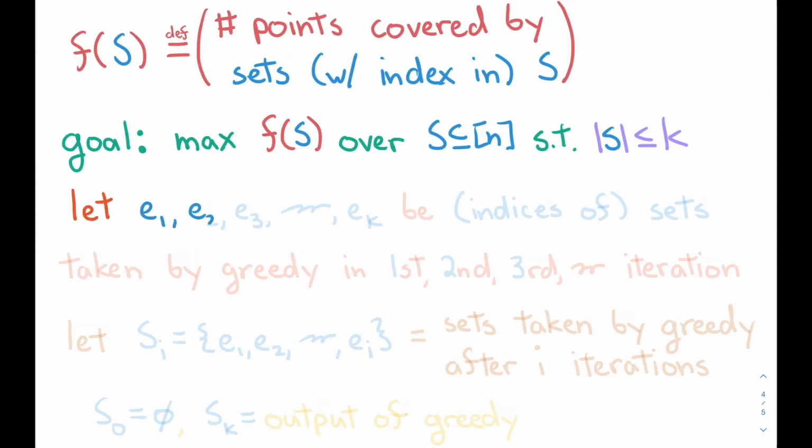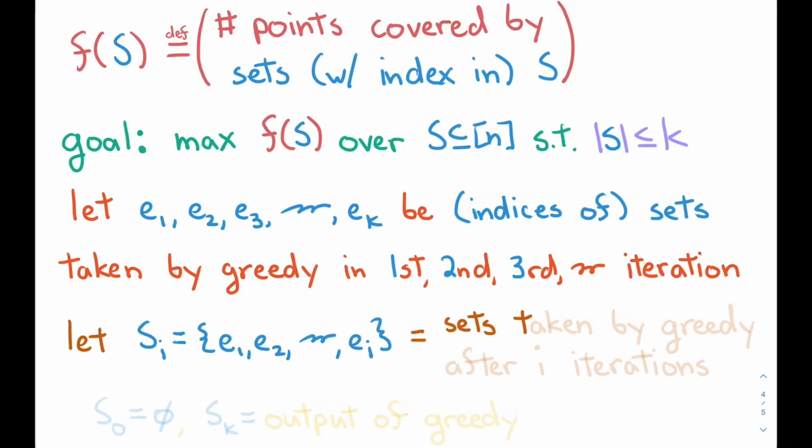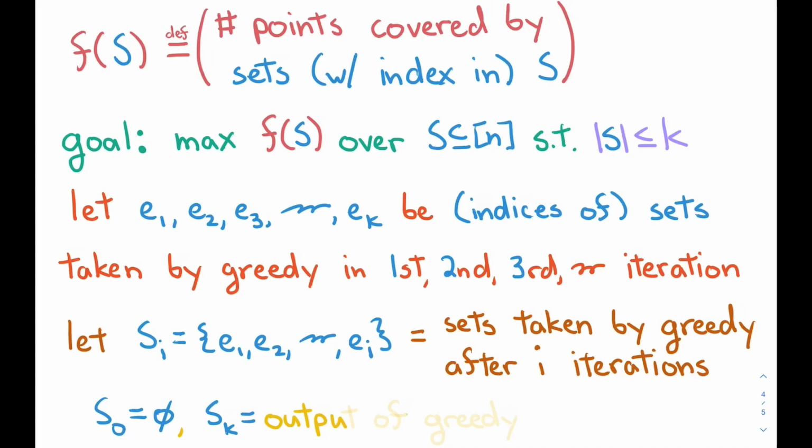As we analyze the greedy algorithm, we enumerate the elements taken by greedy in the first, second, third, and so forth iteration by e_1, e_2, e_3, and so forth. For each i, we let S_i be the collection of sets taken by greedy after the first i iterations. So for example, S_0 is the empty set, and S_k is the set output by the greedy algorithm.